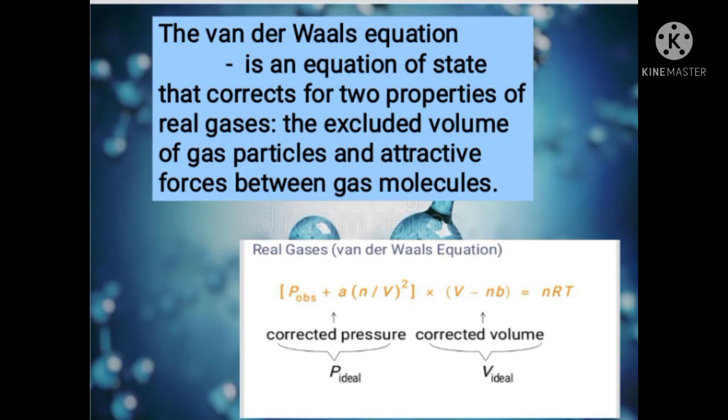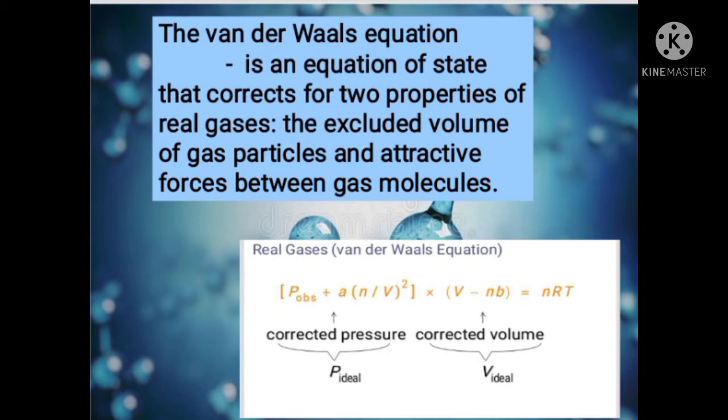So we have here the van der Waals equation. The van der Waals equation is an equation of state that corrects for two properties of real gases: the excluded volume of gas particles and attractive forces between gas molecules. The corrected pressure times the corrected volume equals nRT.